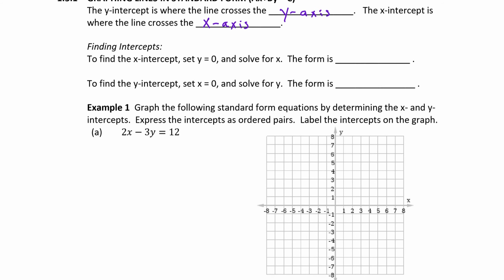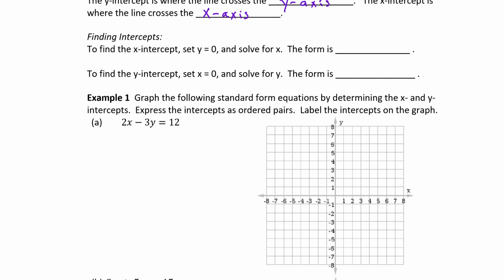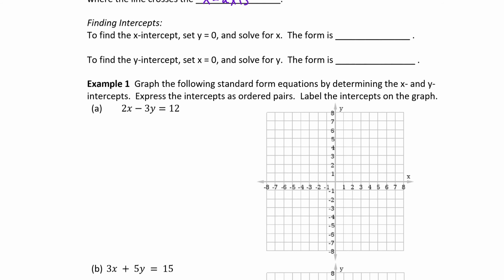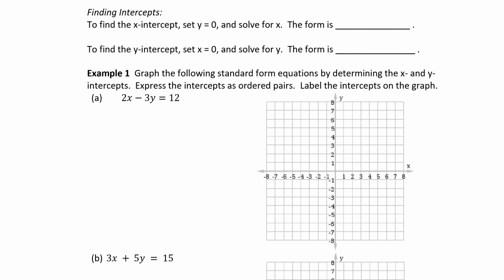To find the x- and y-intercepts, we're going to be setting the opposite variable equal to 0. To find the x-intercept, set the opposite variable y equal to 0 and then solve for x. When we set y equal to 0, that locates the point somewhere on the x-axis.